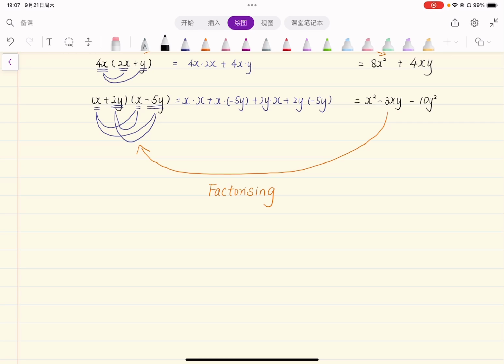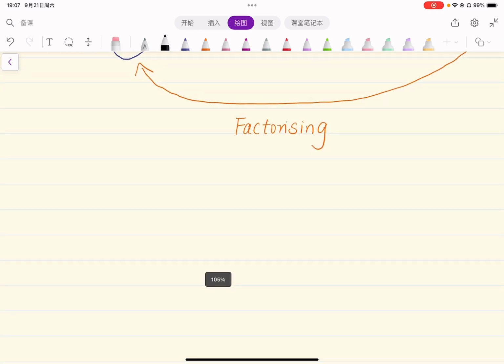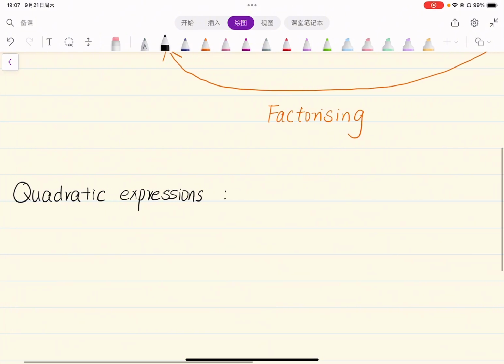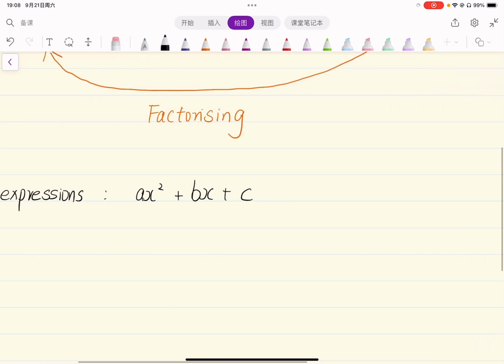We have the quadratic expression in the form ax squared plus bx plus c, where a, b, c belong to real numbers and a does not equal 0.